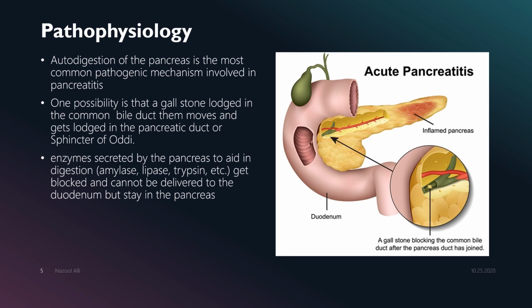Instead they're going to back up into the pancreas, and some of them will back up into the common bile duct. By backing up into the pancreas, they're going to auto-digest or self-eat the pancreas.